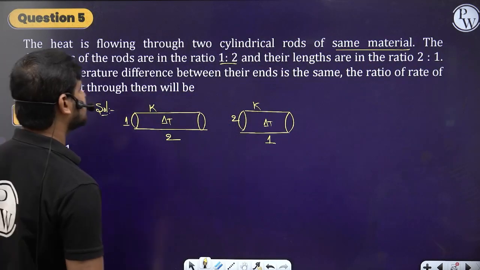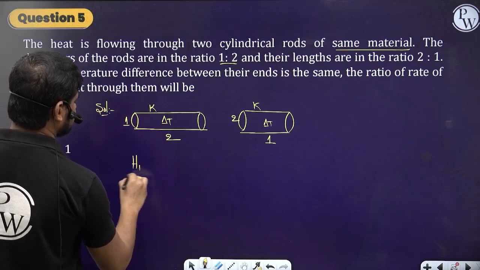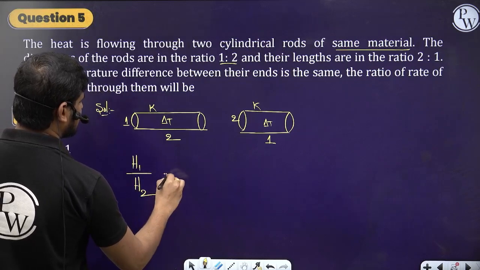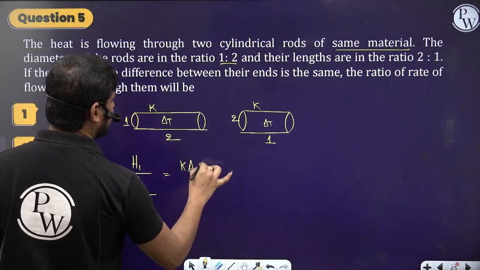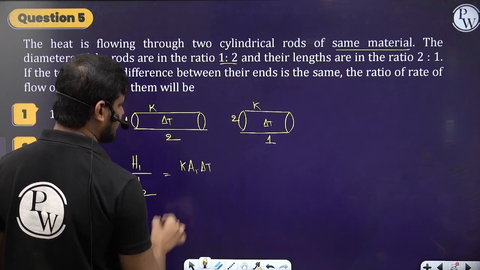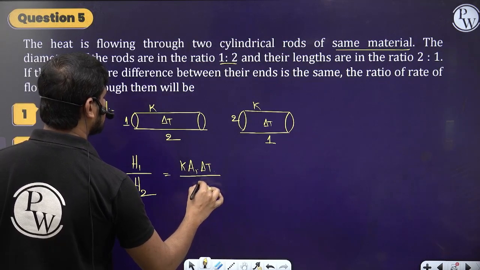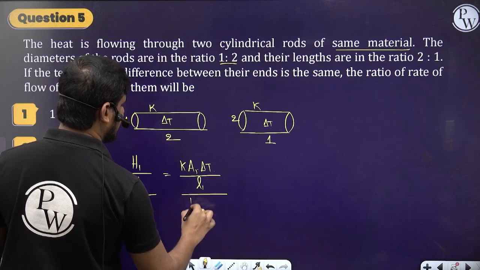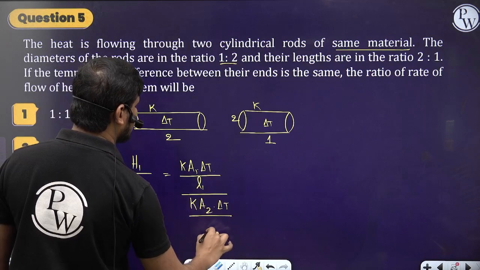So they are asking for the ratio of heat transfer, H1 by H2. What's the formula for the first one? K A1 into delta T by the length L1, and for the second K A2 into delta T by the length L2.